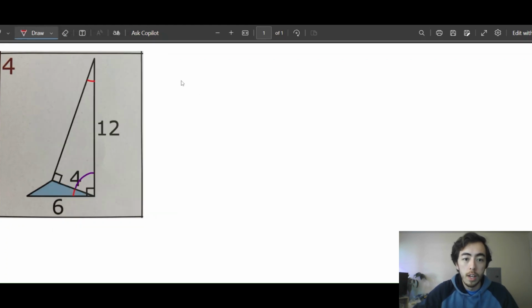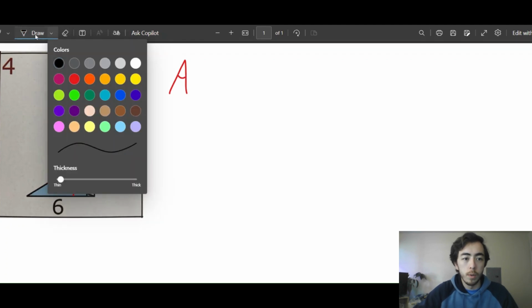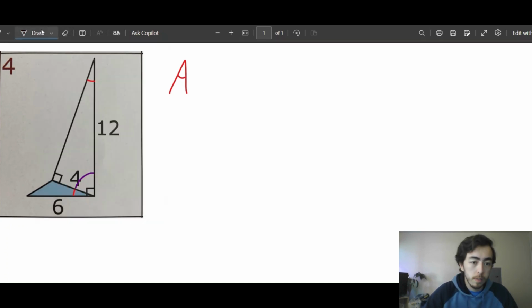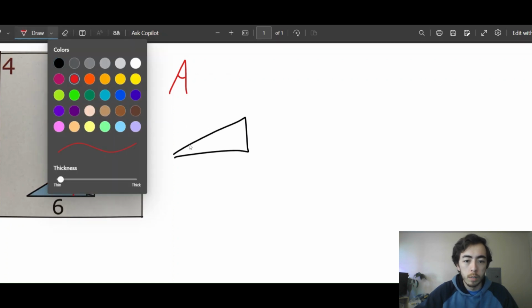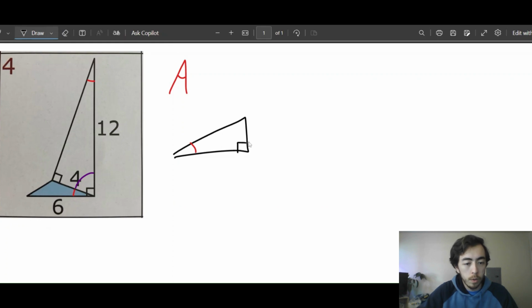So I could say that this angle up here, this red angle, is going to be equal to something. I could use some inverse trig to figure that out. Let's redraw this right triangle where my red angle is in this corner, my right angle is in that corner, my hypotenuse is a 12 and the opposite side is a 4.